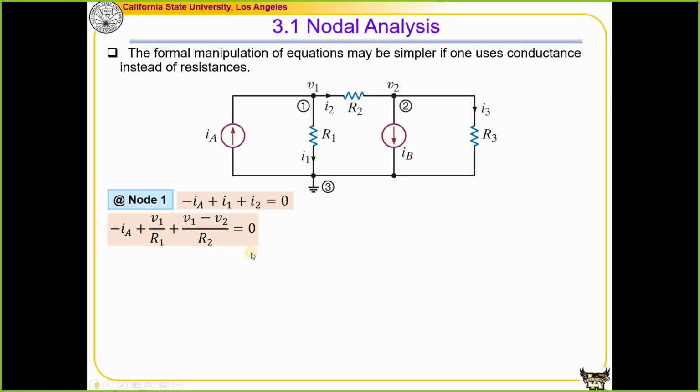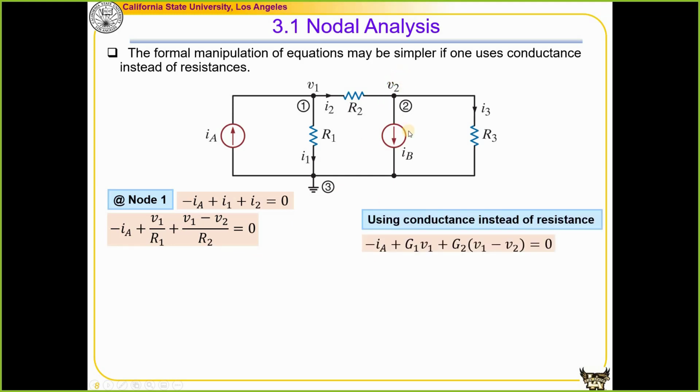So that is how I'm going to write the first equation. For the second node, I'm going to do something similar. If I write that equation, it will become IB plus V2 minus V1 divided by R2 plus V2 divided by R3 is equal to 0.